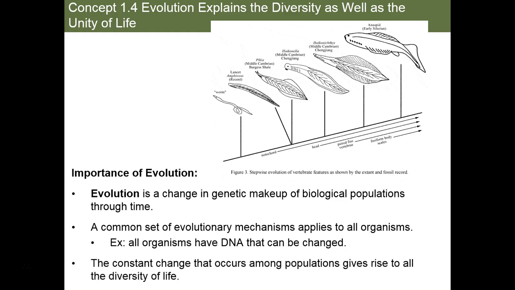The picture on this slide illustrates the evolution of an early vertebrate, from a worm to a lancelet to a fish-like organism at the top. This occurred due to changes in the DNA of the fish's ancestor. Constant change that occurs among populations gives rise to all the diversity of life.